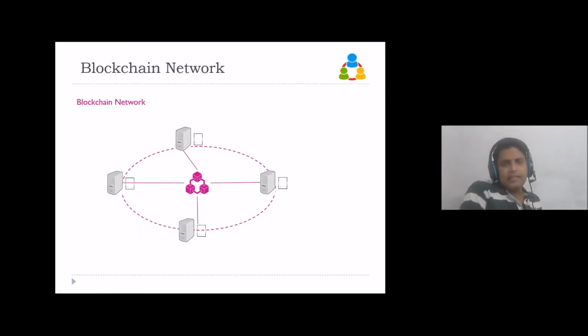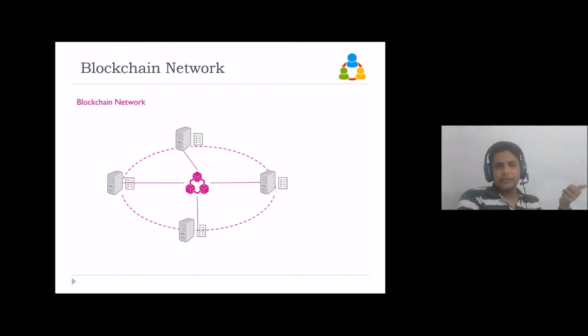Each computer will have a copy of data, and the interesting feature of this blockchain network is that all the computers in this network will have the same set of data through which they interact with each other.